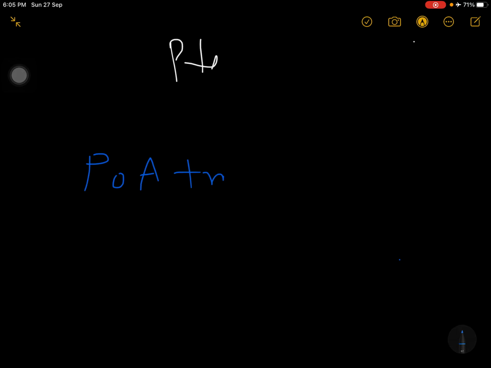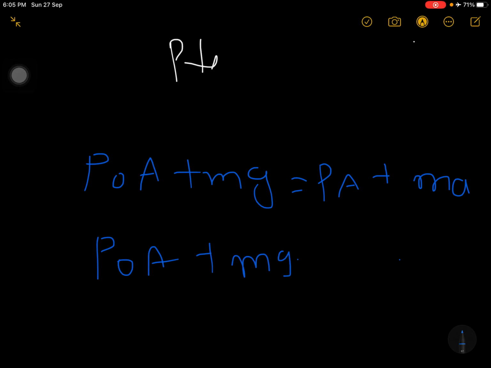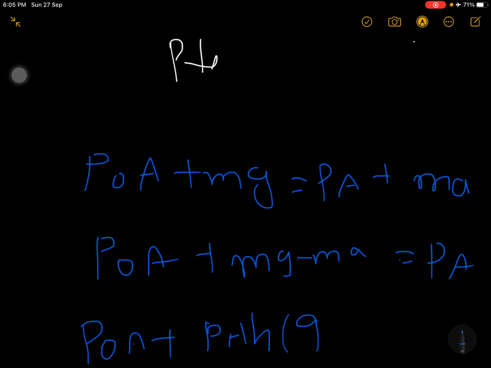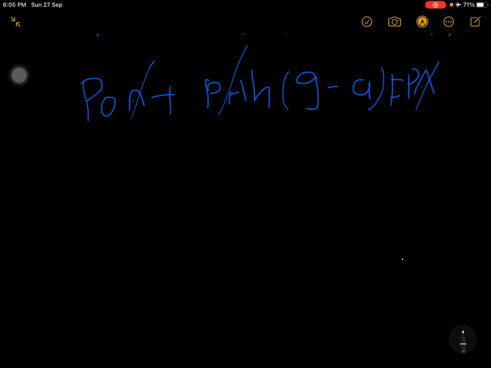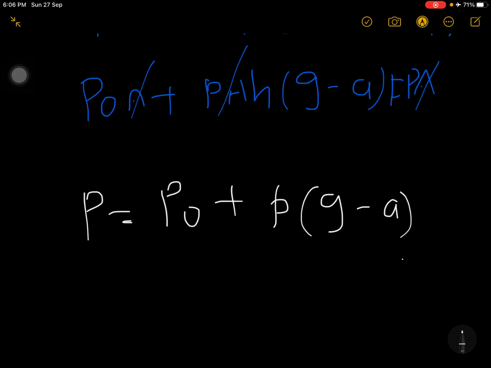P naught A plus mg is equal to PA plus ma, so P naught A plus mg minus ma is equal to P into A. Again m is equal to rho into A into height, so P naught A plus rho A h into (g minus a) is equal to P into A. A gets cancelled, so P is equal to P naught plus rho into (g minus a) into h.